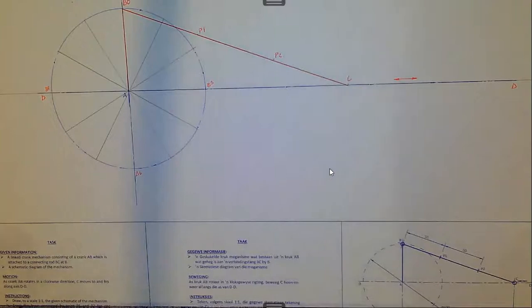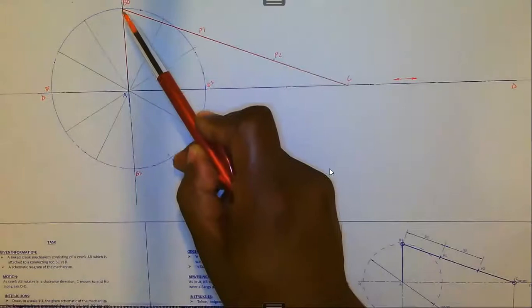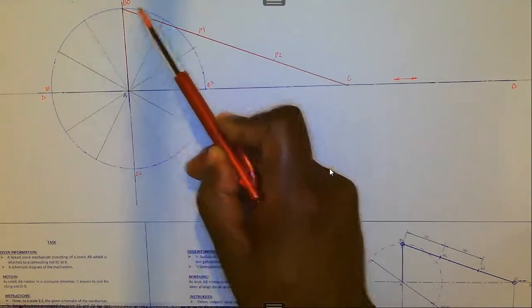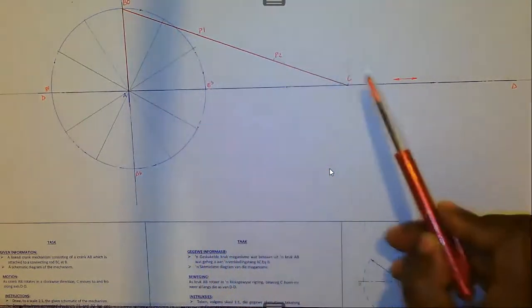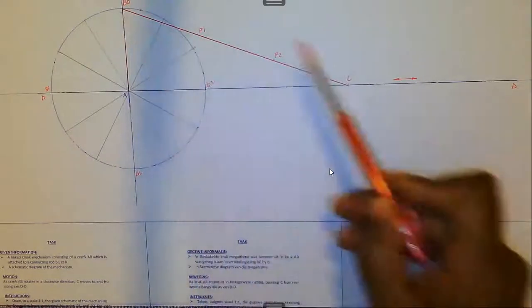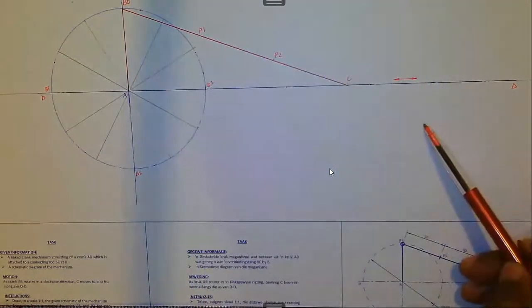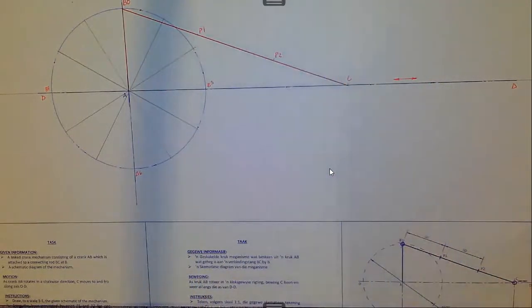Once you have done that, you can now shift the position of point B from the starting position to B1, and take the distance B to C and strike on that axis line. So let's take the length of BC.